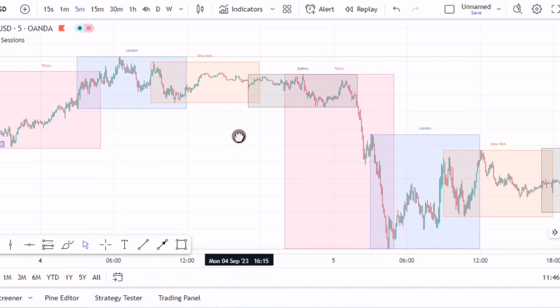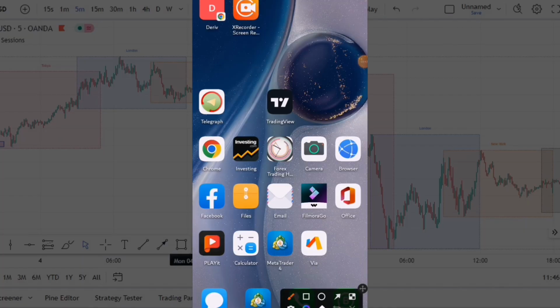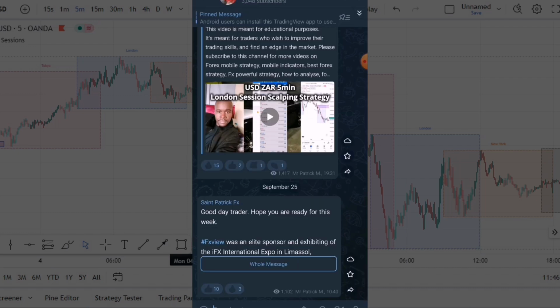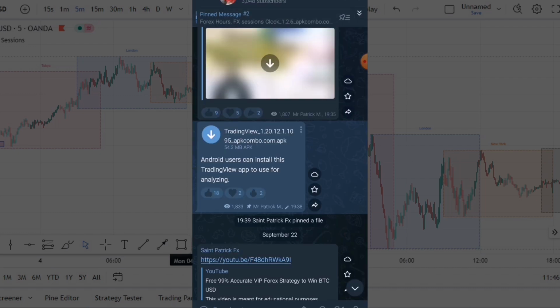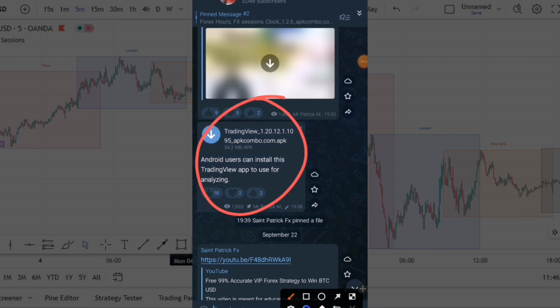For those who are using mobile and are new, these boxes are sessions of the market. This is Tokyo, London, New York, Sydney. To put that indicator, let me start on mobile. You just have to download and install this TradingView app, and to do that, again, it's easy. Just go to the video description, find a link to my Telegram channel. When you get to my Telegram channel, go to the pinned messages and you will find this APK.